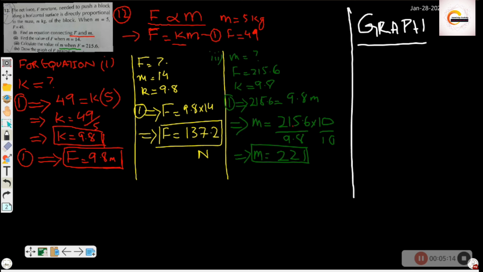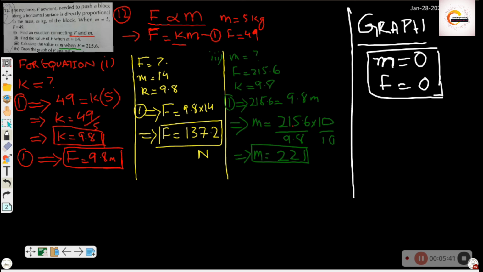Question number 4: draw the graph of F against m. We have already discussed before that if the independent variable m is 0, F will automatically be 0.